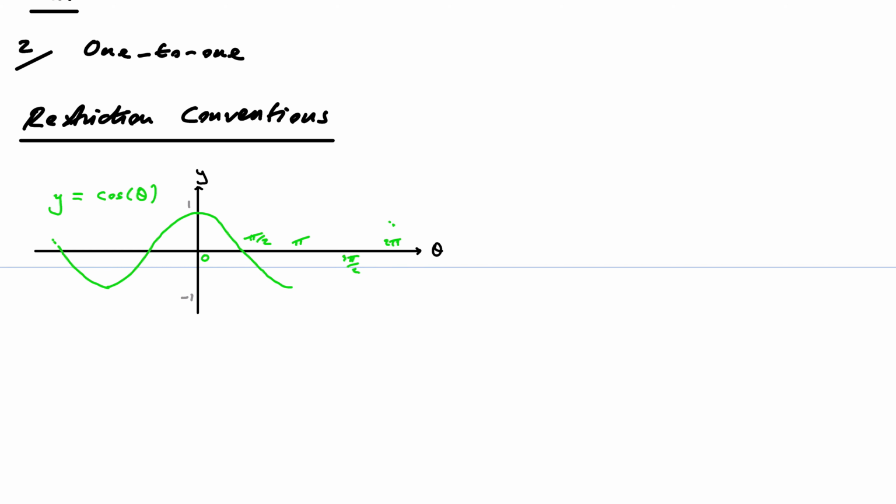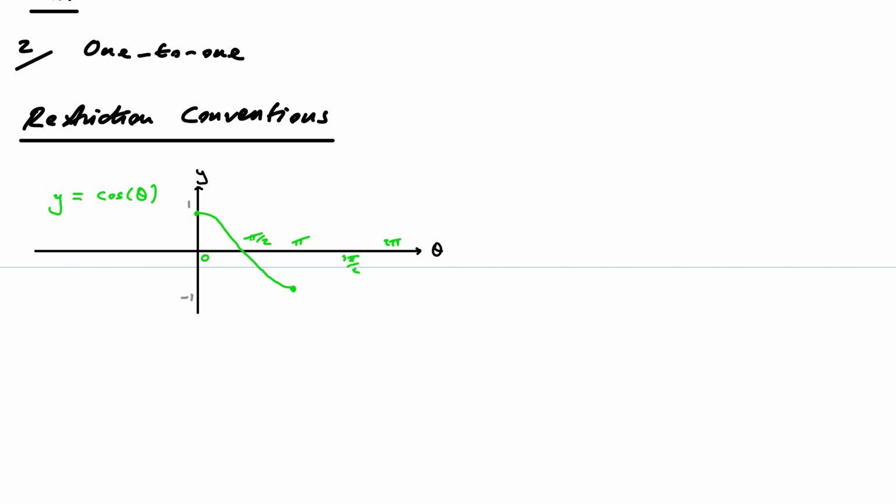So if I do this, what's going to happen? I'm going to be left with this. Now that preserves the range, of course. This isn't the best picture ever, but it's still between -1 and 1. And it's 1-to-1 now. All right, so if I draw any horizontal line, it either hits it once or not at all, which is exactly what I'm looking for.